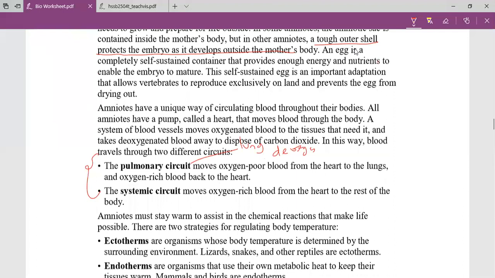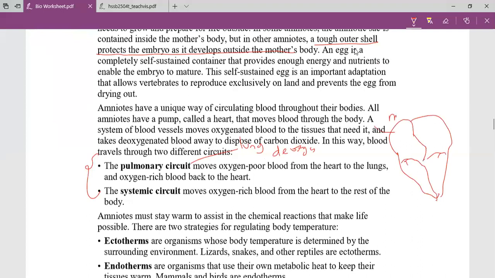There's something you need to notice here. Mammals have four chambers. The reptiles and amphibians have three.